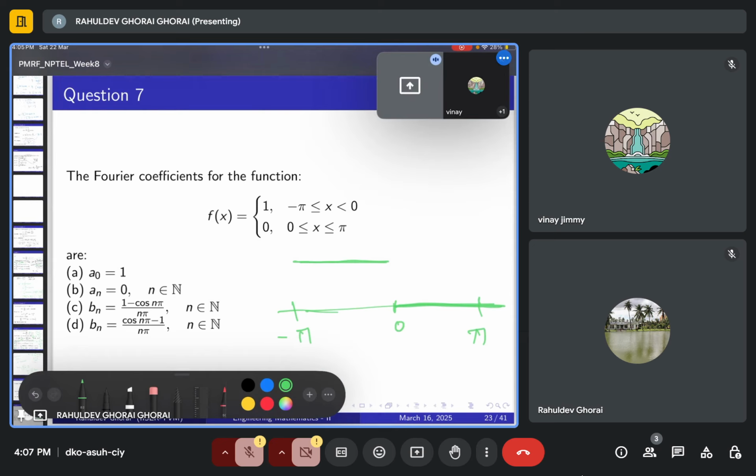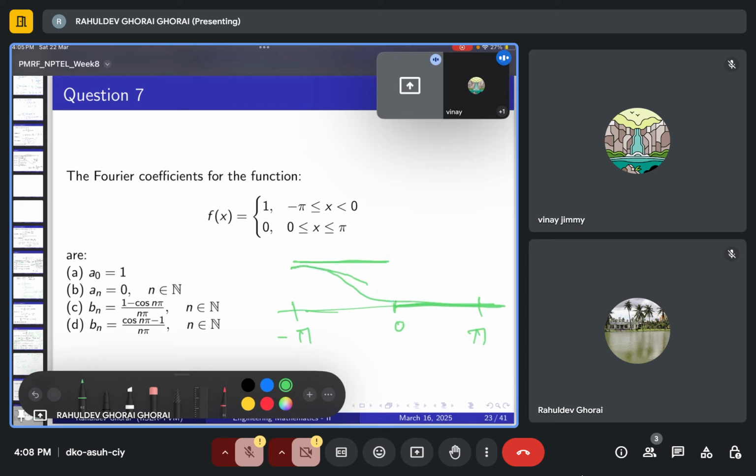Because it is a combination of sine functions, it has to be something like this, and then maybe this. Sorry, some mistake, it is not this.